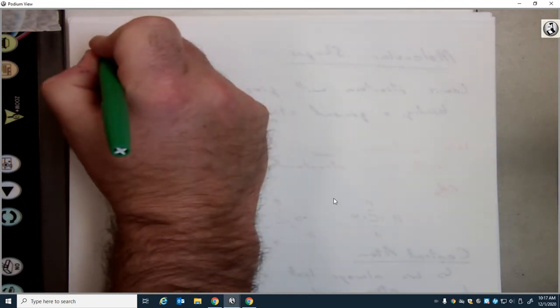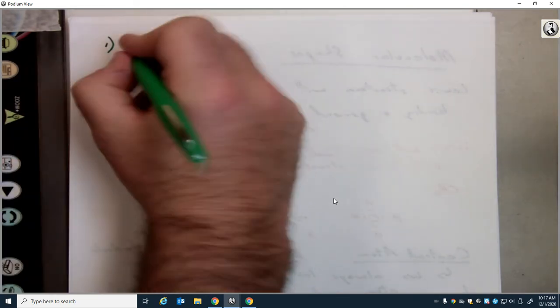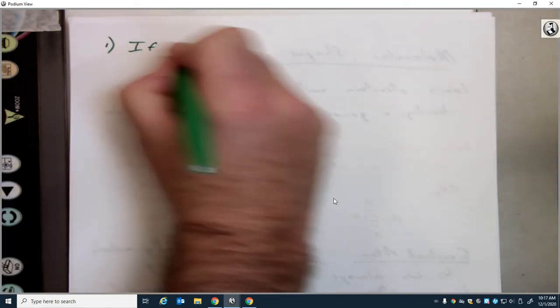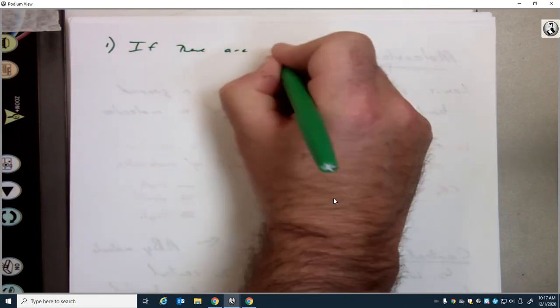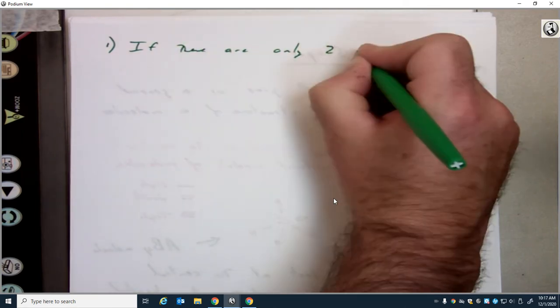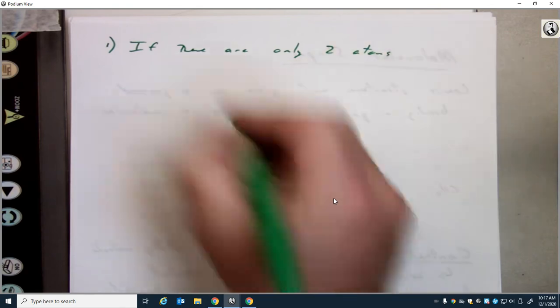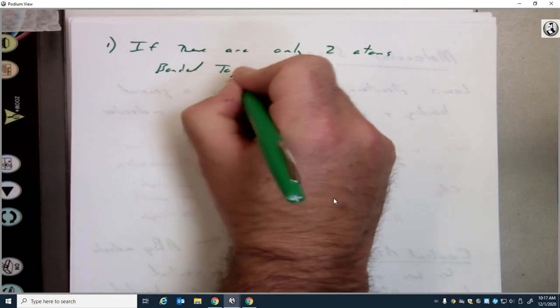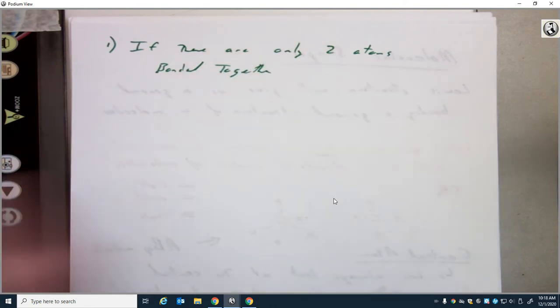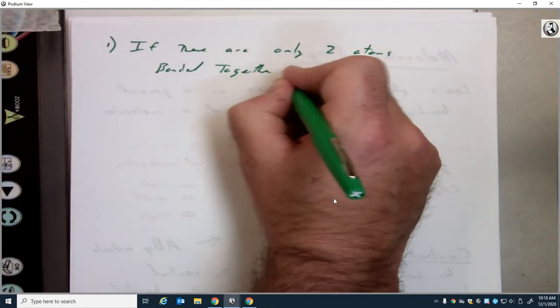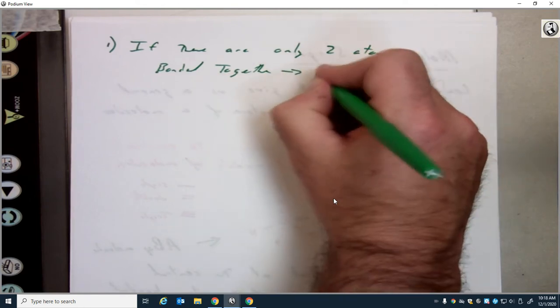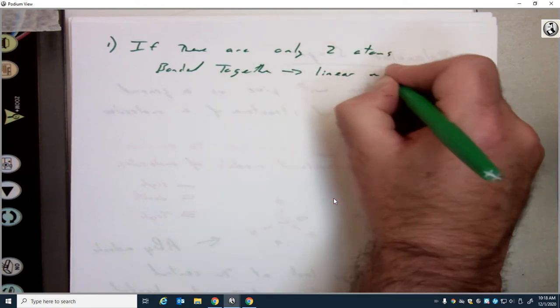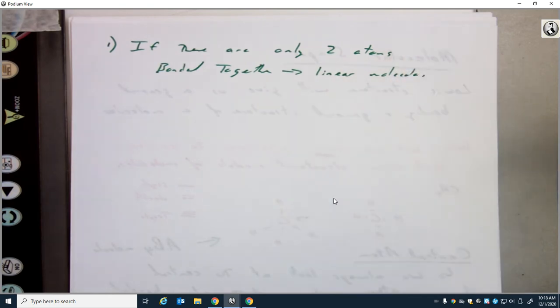So the first thing I want to start with, let's number these 1. If there are only 2 atoms bonded together, it's going to be a linear molecule. It's the only thing it can be.